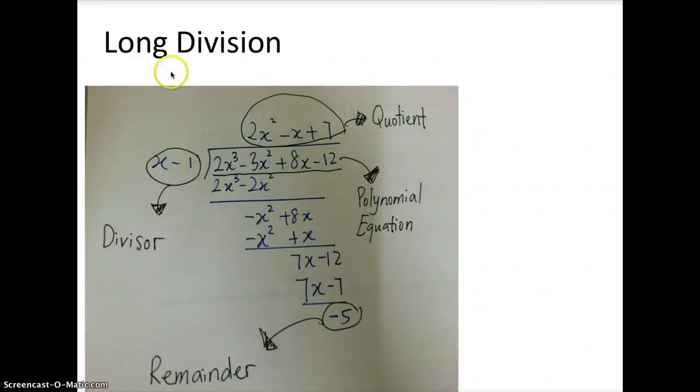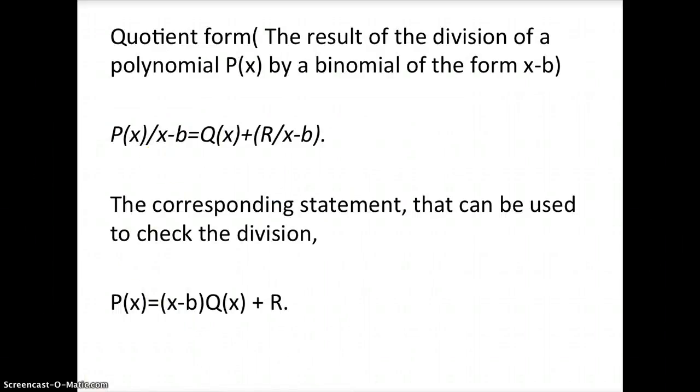So this is some basic knowledge about long division: this is the quotient, this is the polynomial equation, this is the divisor, and this is the remainder. Quotient form: what is quotient form? It is the result of the division of a polynomial by a binomial of the form x minus b.